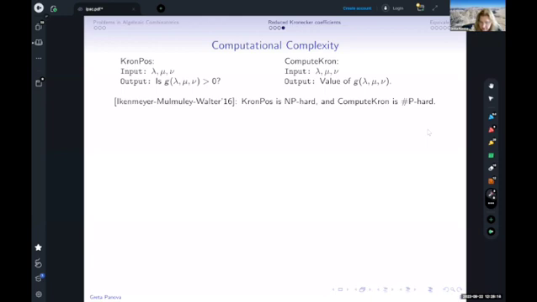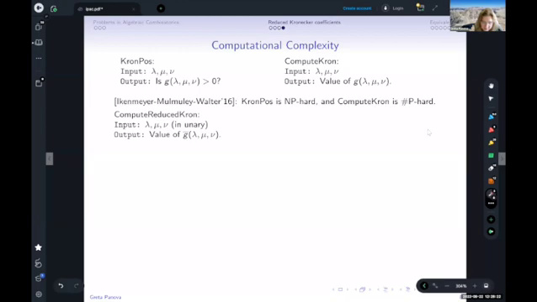Computing them is #P-hard. Again, there wouldn't be something nice and easy for that. And one can ask the same question for the reduced Kronecker coefficients. We show that computing them is #P-hard. But we couldn't quite say that deciding their positivity is still NP-hard. And this is the question that was left over, and that prompted us to do what we did next.